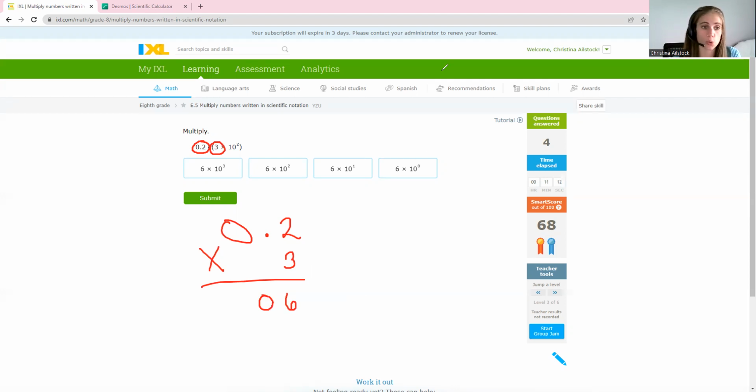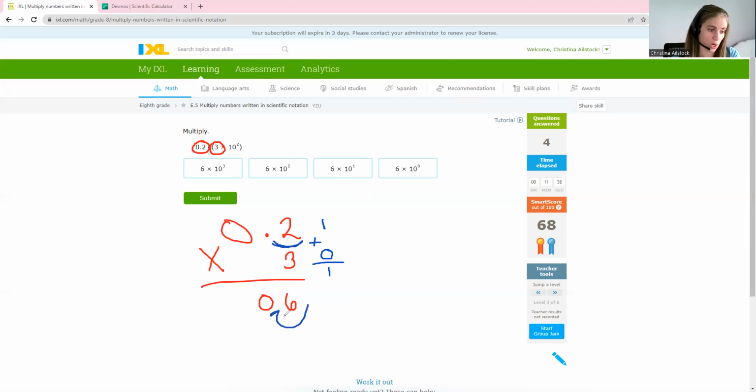Now that we're all done, we're going to look at the decimal points. In this first number, we have 1 digit that is to the right of our decimal point. In this second number, we have nothing to the right of our decimal point, meaning when we add this together, we need to move our decimal point up 1 unit.